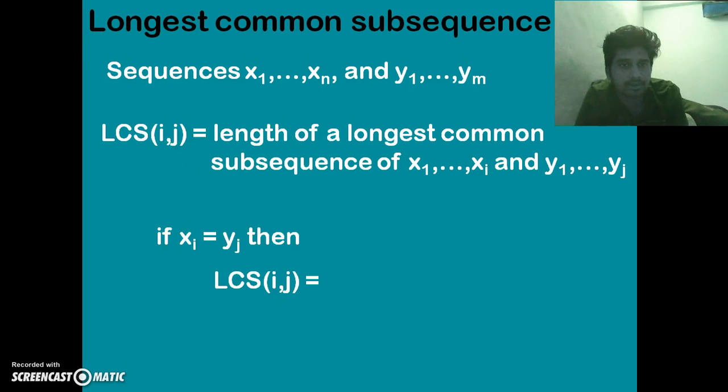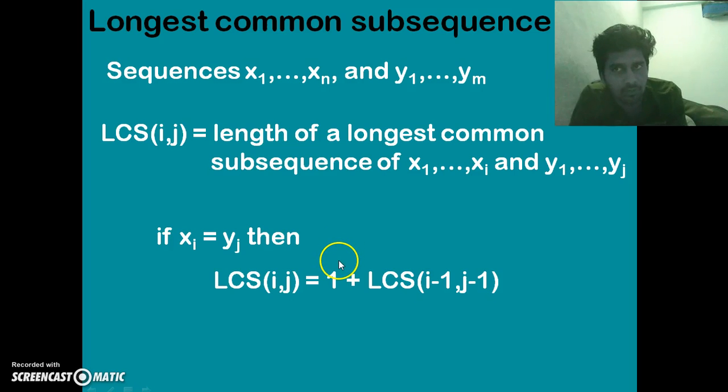Here a condition arises: if xi is equal to yj, then LCS of i, j is equal to LCS of i-1, j-1 plus 1. The value of LCS of i-1, j-1 is incremented by 1, and this value is assigned to the new LCS of i, j.